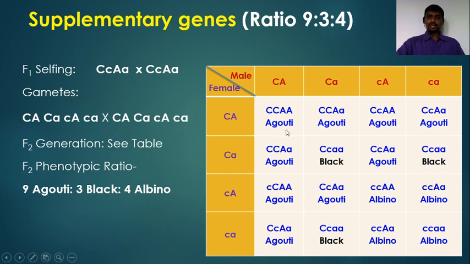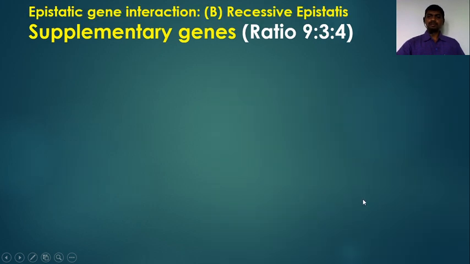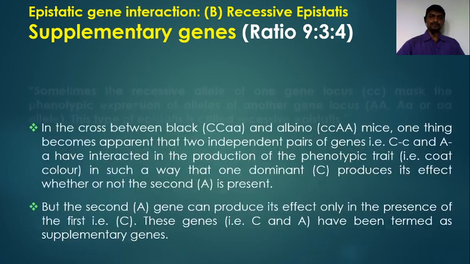For the production of agouti, both C and A should be dominant. But for the production of black color, only the dominant C gene is required. When both are dominant, it produces the agouti. But the third case is when the A gene is dominant and the C gene is recessive, then it masks the phenotypic expression of the A gene, because of which the albino mouse is produced.